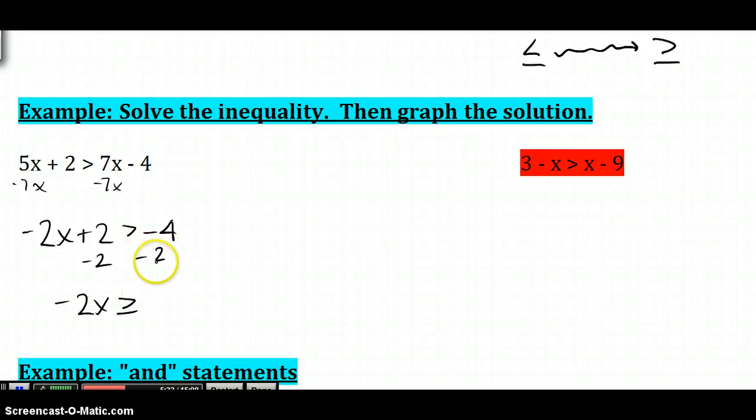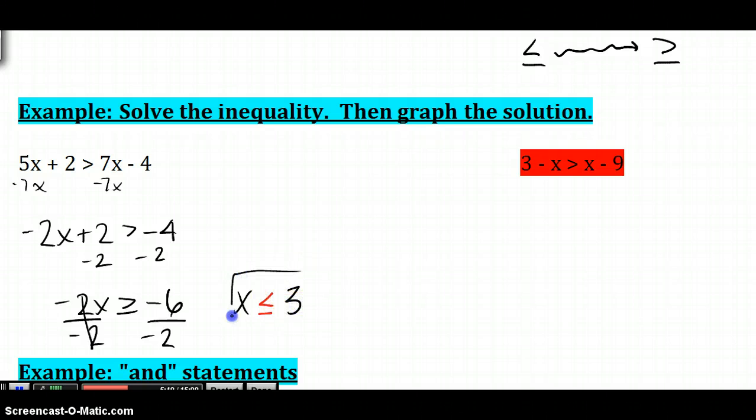We didn't multiply or divide by a negative, so we're okay. But now my final step, I'm going to divide by -2. So I need to flip my sign. So my final answer is going to be x is less than or equal to +3. Now to graph that, I didn't leave a lot of room to graph that, so I'll go up here, I guess.